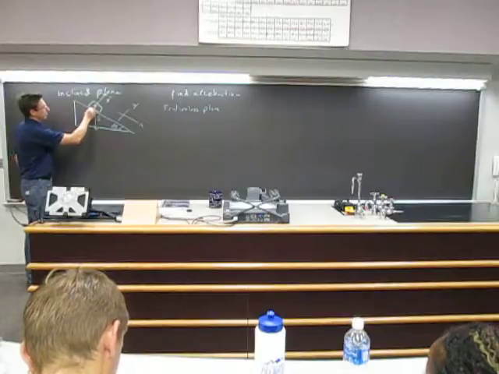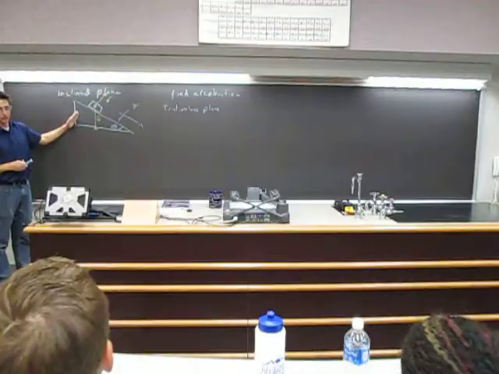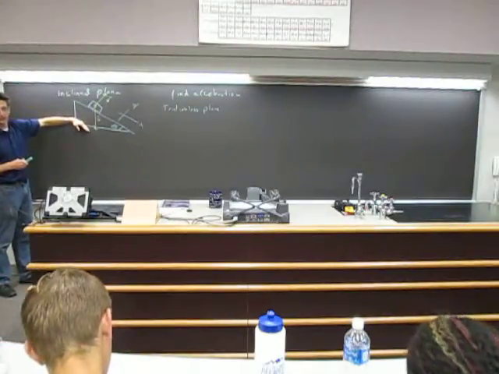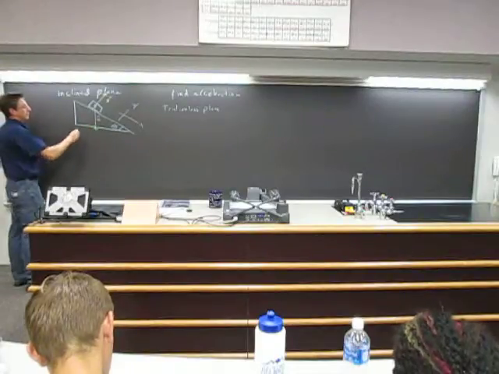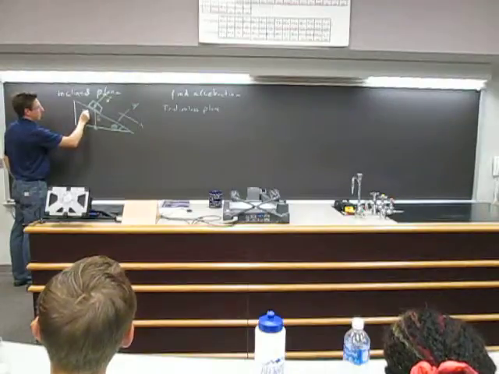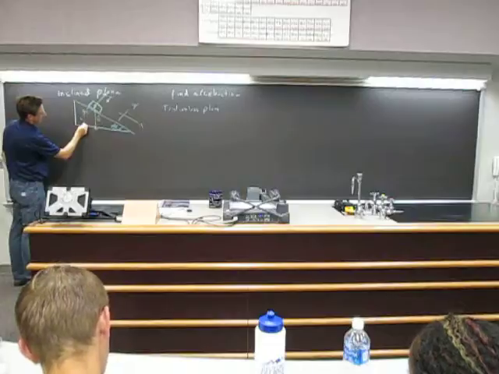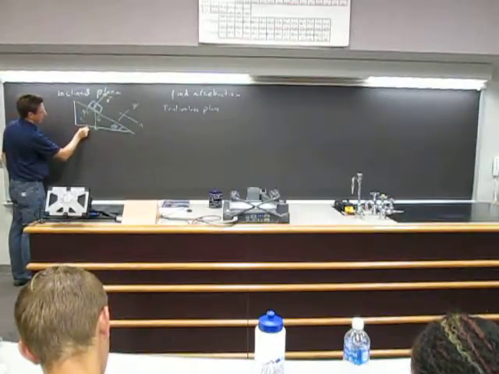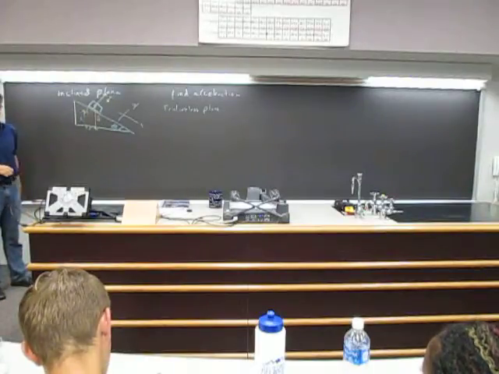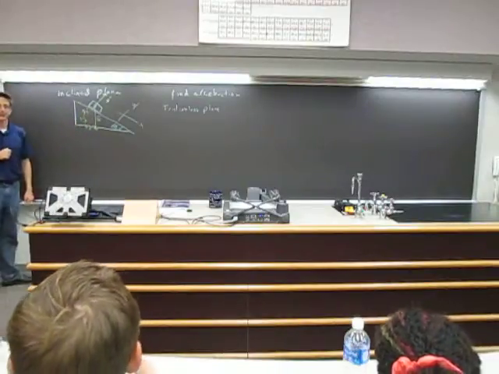So if I draw a little triangle here, where this side's along the y direction, and this side is along the x direction, or parallel to that plane, this would be the y component of the weight, and this would be the x component of the weight. And then this is a 90-degree angle right here.